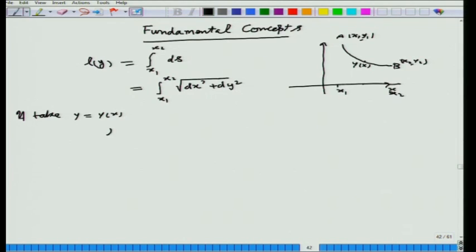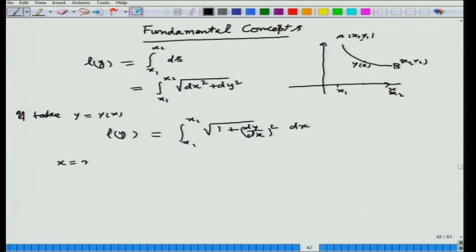Then this L y is given by the integral from x 1 to x 2 of square root, and x is a function of x itself, that is the identity function, so d x by d x gives you 1, plus d y by d x square, and this d x comes out here.